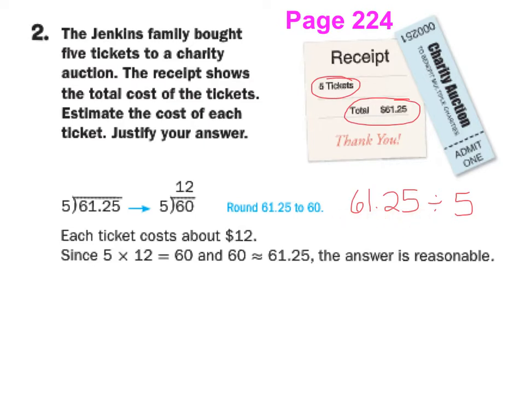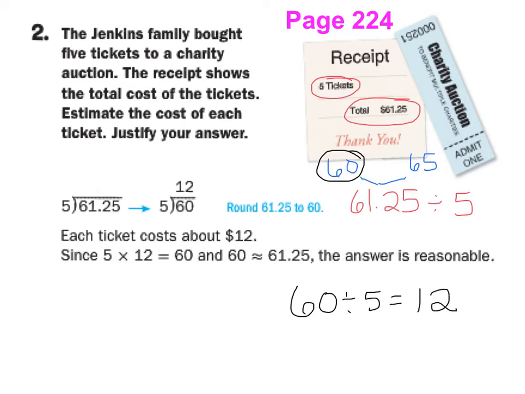So let's go to the nearest number that I know of that can go easily into 5. I could drop down to 60, or I could go up to 65. Now, which one of those is going to be the closest? The least amount of change would be going to 60. So taking 60 divided by 5, we get 12. So we would say about $12 per ticket.